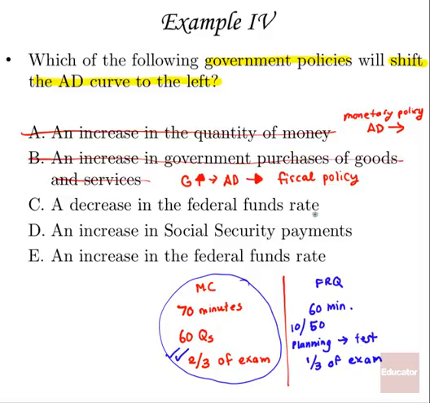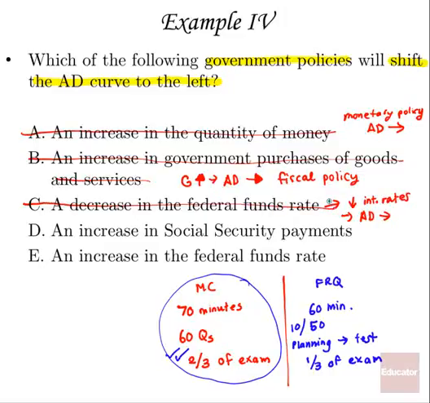A decrease in the federal funds rate. Now, what is a decrease in the federal funds rate going to do here? If you remember a couple slides ago, I talked about how the Fed can actually increase the money supply. And one way is to decrease interest rates through the federal funds rate. And that's going to shift the aggregate demand curve to the right. So that is also incorrect. So take C off the map here.